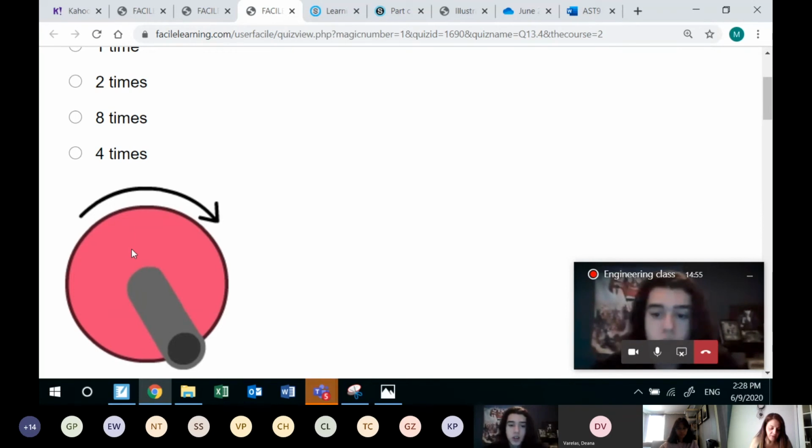So yeah, it's connected to the same part. Yeah, exactly. Okay, that makes sense. I didn't see that. Whereas if it was on the outside of it, like on the side right here, then you would say it would go faster. It would spin 8 times. Yeah. Okay. Good point, guys.